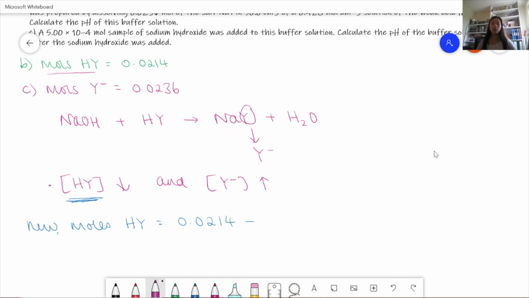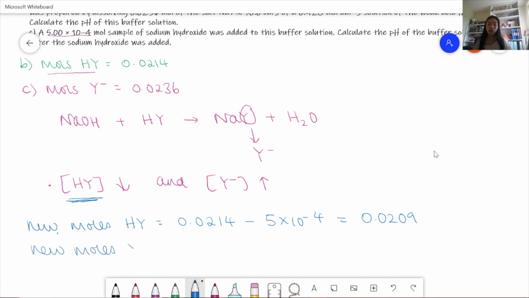So first we need to work out the moles of sodium hydroxide which was added, and it's given to us in the question actually. So 5 times 10 to the minus 4. So we minus 5 times 10 to the minus 4, and this gives us 0.0209.